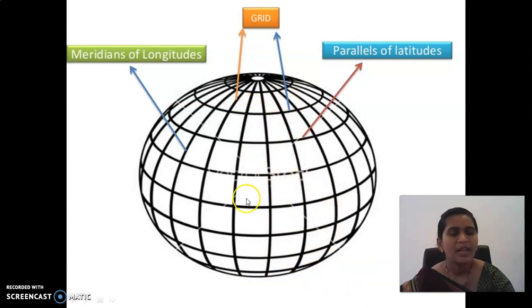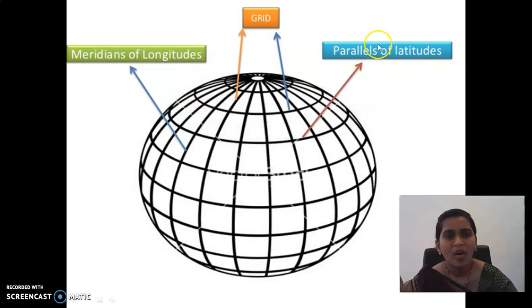Guys, understood? By joining together these latitudes and longitudes, we will get grids. So these grids will help us to locate where exactly a particular country lies. Guys, understood? Latitudes, longitudes, why it is so important.